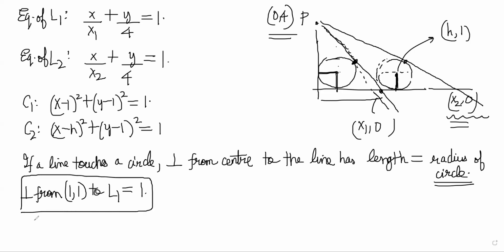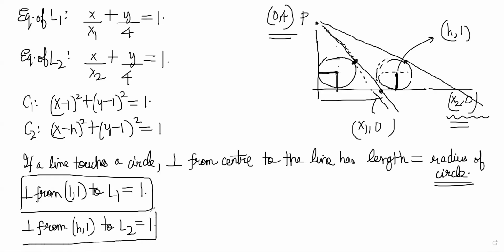The second result is the perpendicular from the center of the second circle, basically (h, 1), to L2, which is also of length 1.